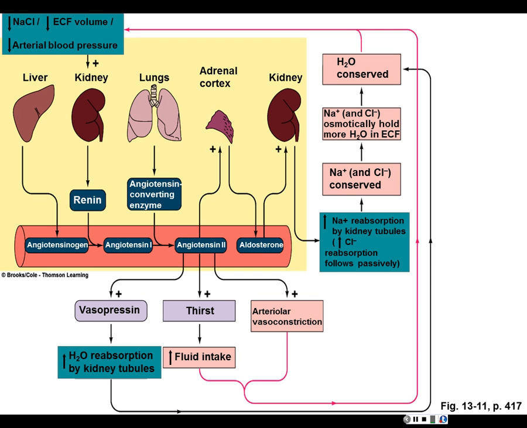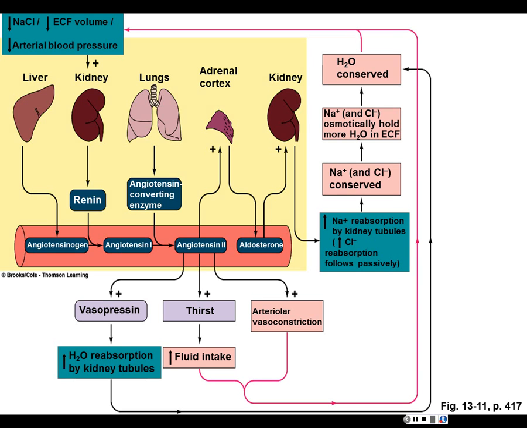Again, on page 4, you can see the pathway. Angiotensinogen, that precursor, is manufactured by the liver and just circulates in your blood in the inactive form. When our blood pressure drops, the juxtaglomerular apparatus detects that and releases renin.